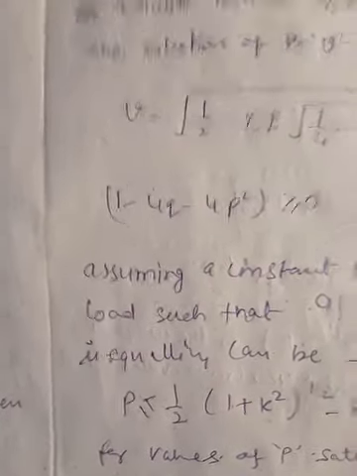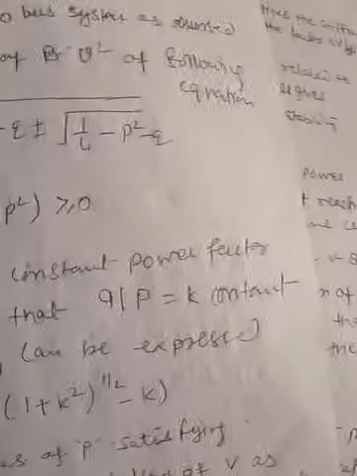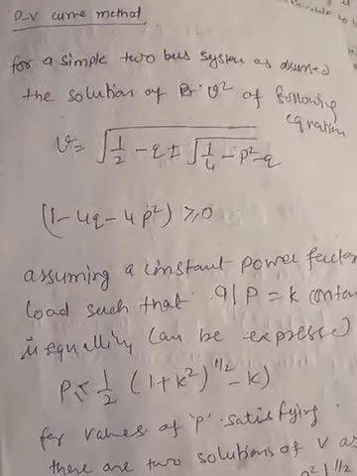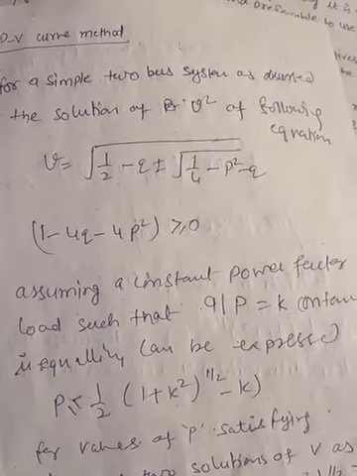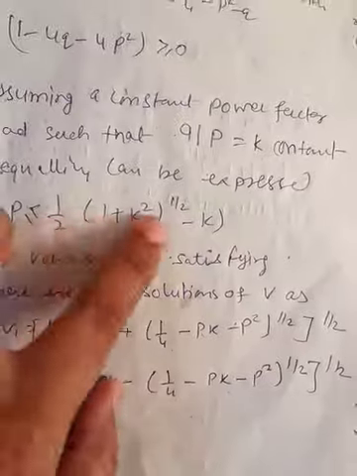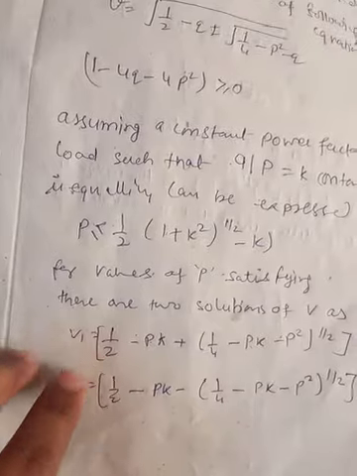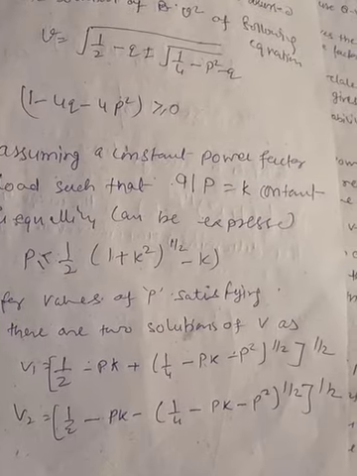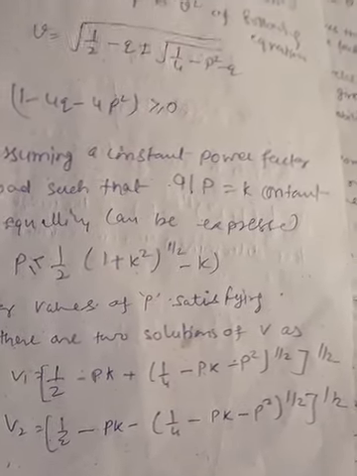Now assuming a constant power factor load such that Q by P equal to K constant, the inequalities can be expressed as P less than or equal to 1 by 2 plus bracket 1 plus K square 1 by 2 minus K. For the values of P satisfying the solution, we will get the solution V1 equal to 1 by 2 Pk plus 1 by 4 Pk minus P square 1 by 2 power 1 by 2 whole square 1 by 2.